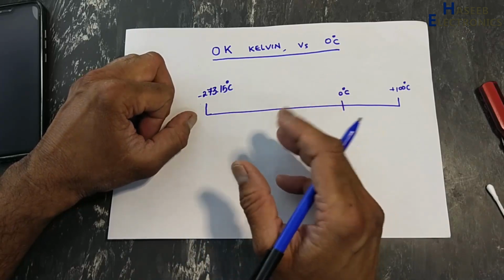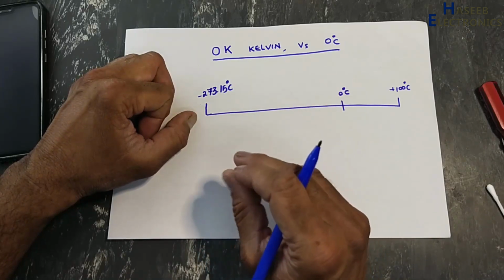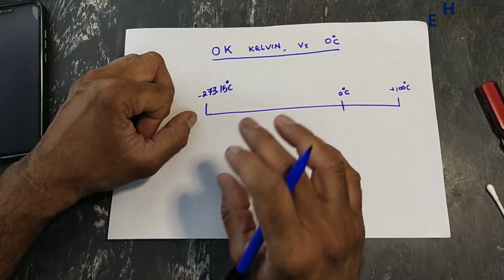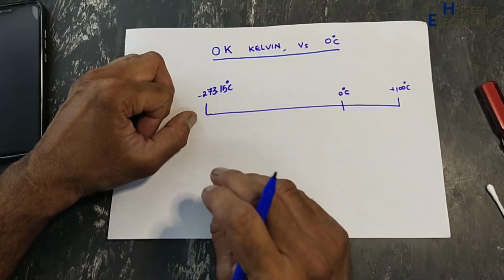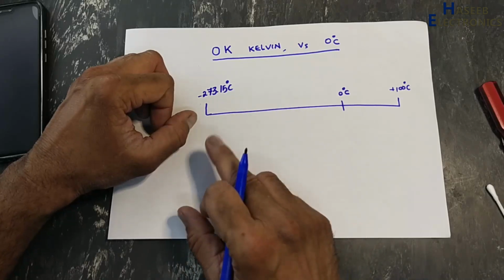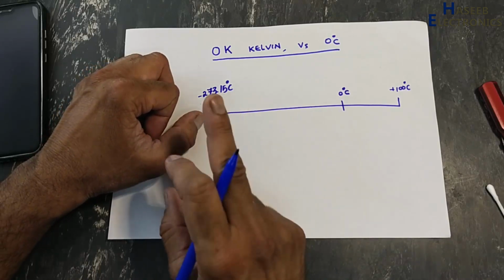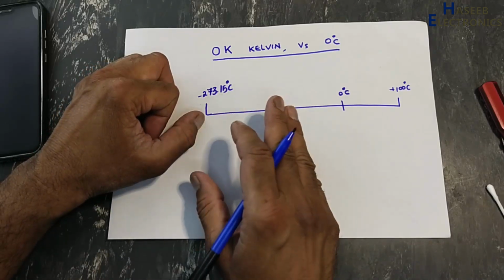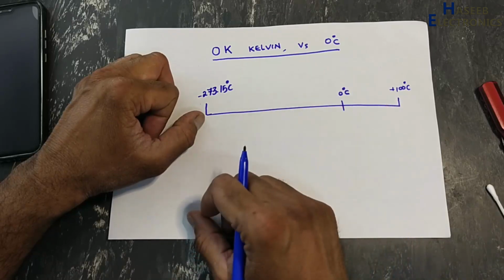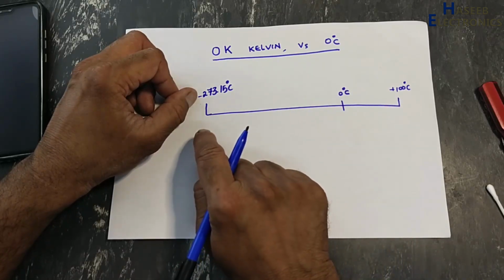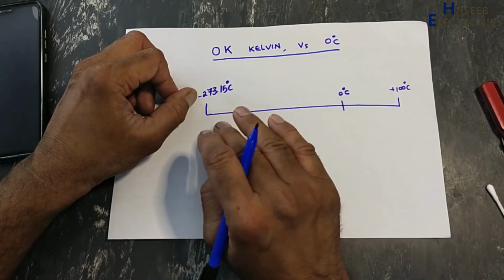Its molecular motion, its atom movement will cease, and it will not generate any heat signal. Above this temperature, every body will dissipate heat signals. So it is absolute zero, the absolute lowest temperature.